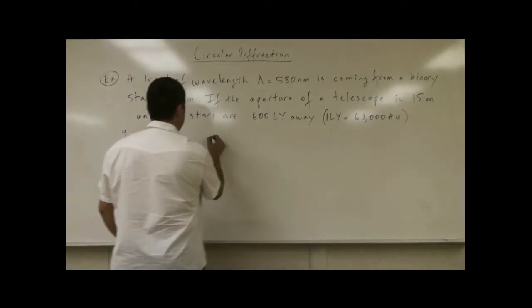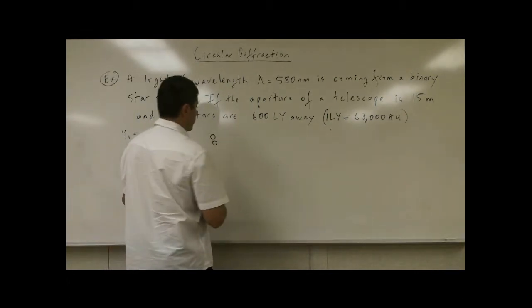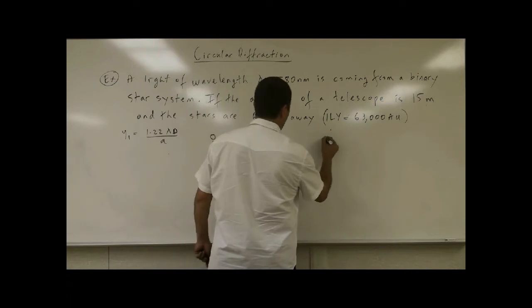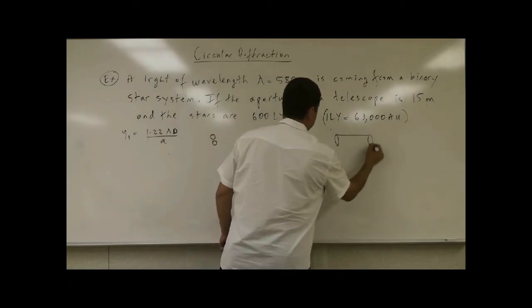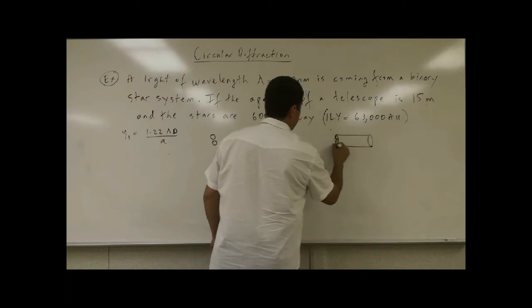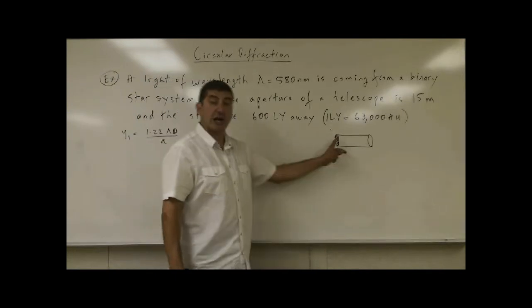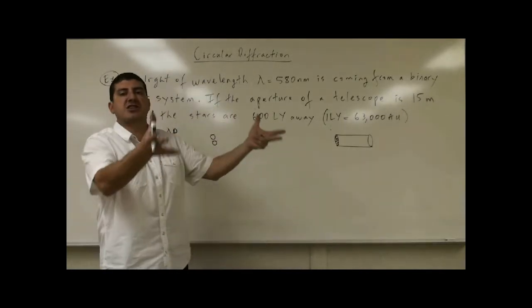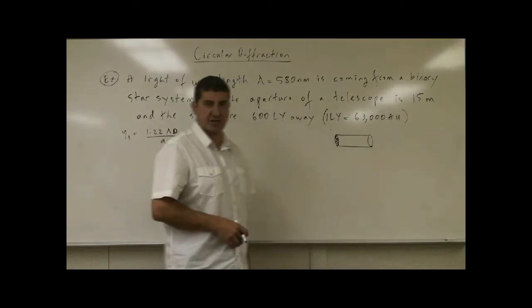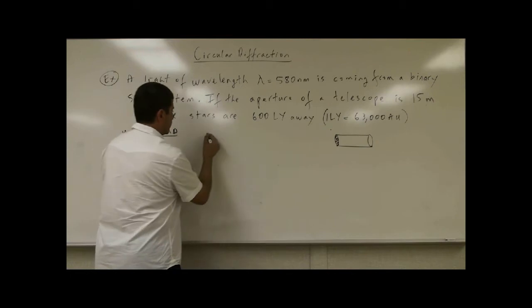If we have two objects, we have a certain opening. Let's say in this case we have a telescope, and here is the opening of the telescope. Each object's light will go through the opening of the telescope and create a diffraction pattern in the back of the telescope.